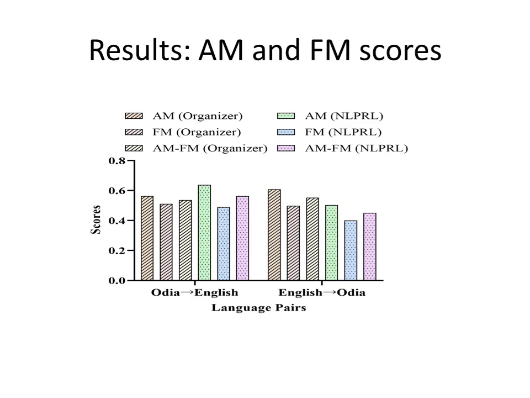For English to Odia, fluency score is 0.4001, and adequacy score is 0.5025.